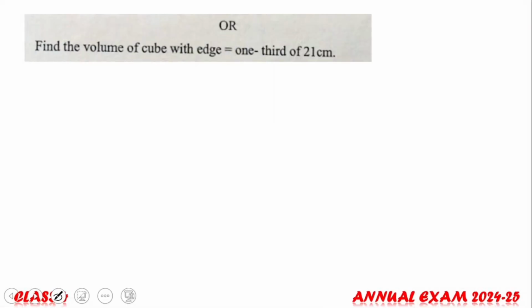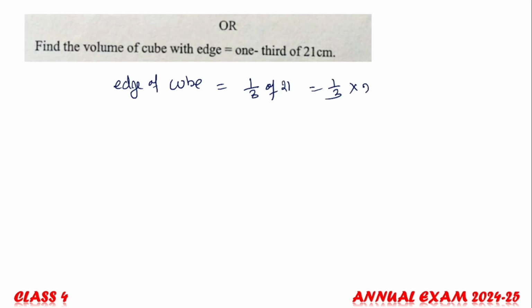Find the volume of the cube with edge equal to 1/3 of 21. This is a very important question. So given that the edge of the cube equals 1/3 of 21. 1/3 of means into 21.